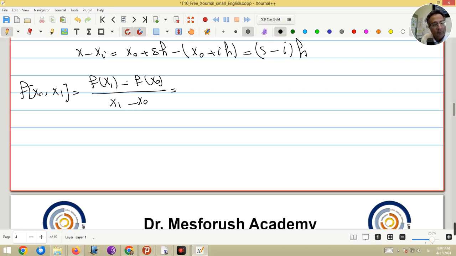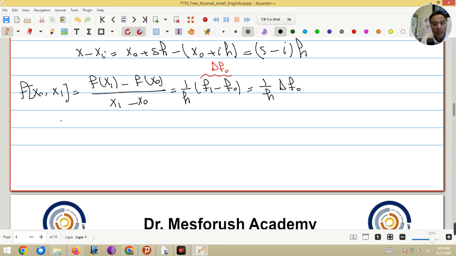If you compute this one, x1 minus x0 is h, so I will get 1 over h, and this one is f1 minus f0. So this is f1 minus f0, and by the definition of the forward difference, it will be delta f0. So I get 1 over h delta f0.